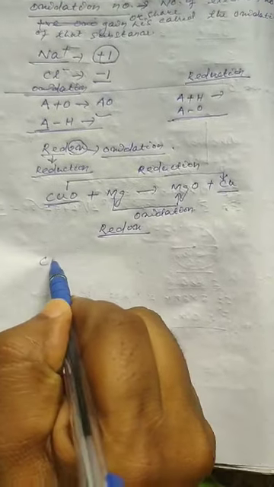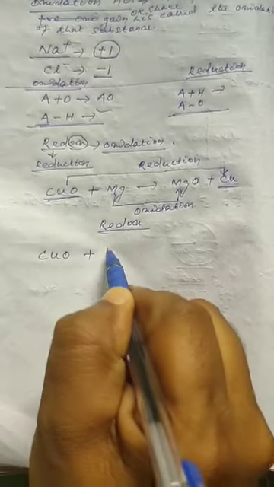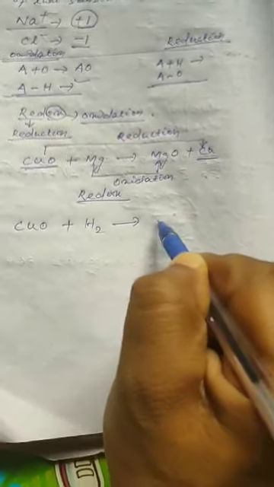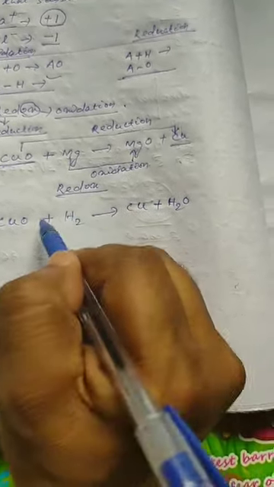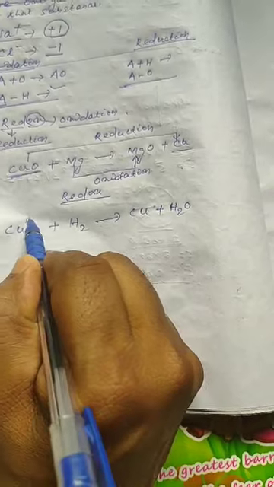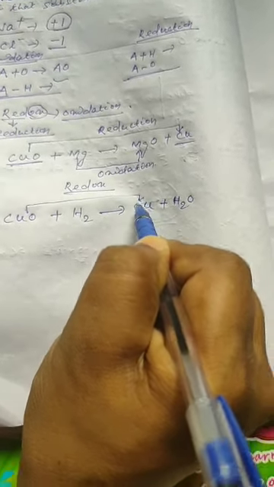Next, how can we know which is the oxidizing agent, which is the reducing agent, which substance is oxidized and which is reduced? First of all, from this example: copper oxide plus hydrogen gives copper plus water. Here oxygen is removed from copper oxide.